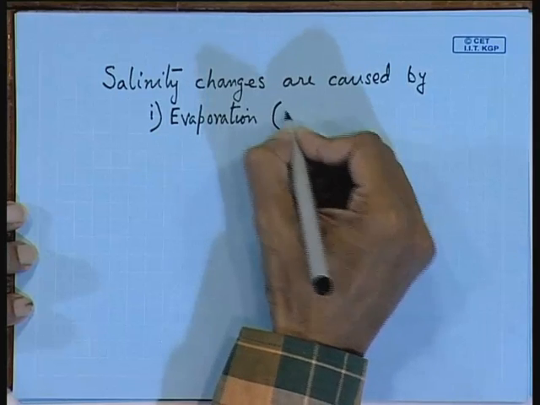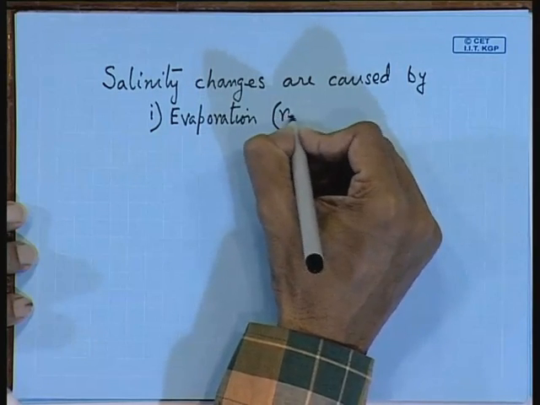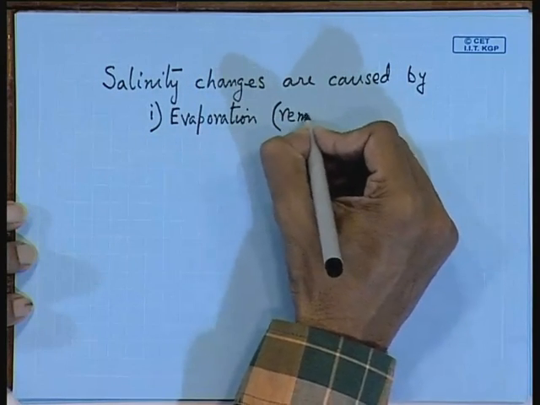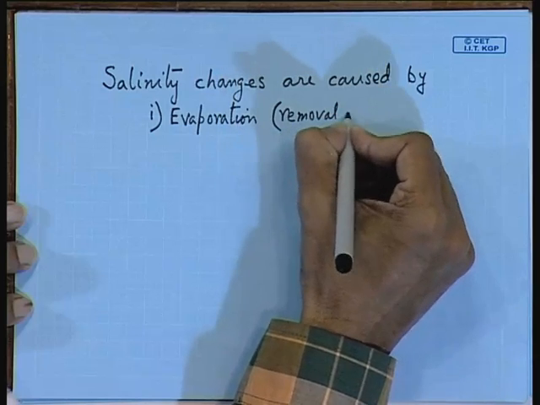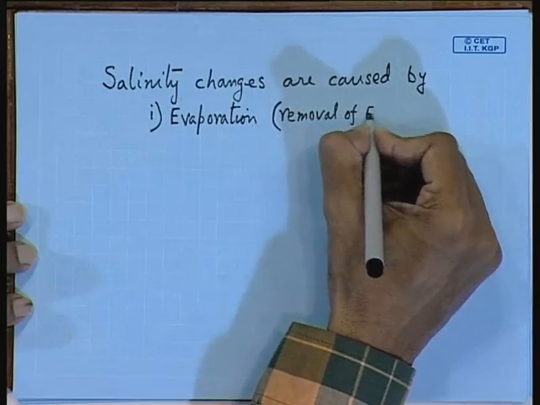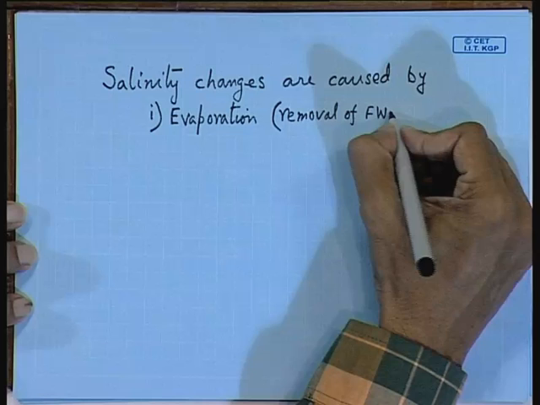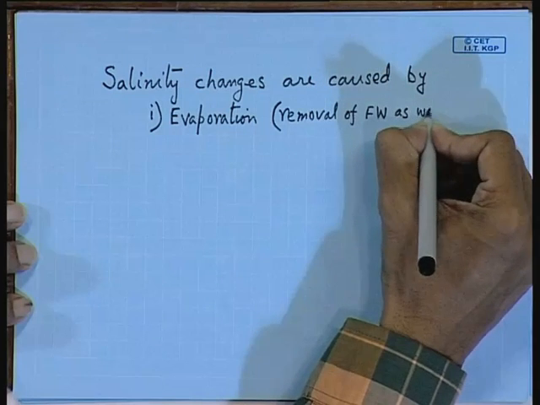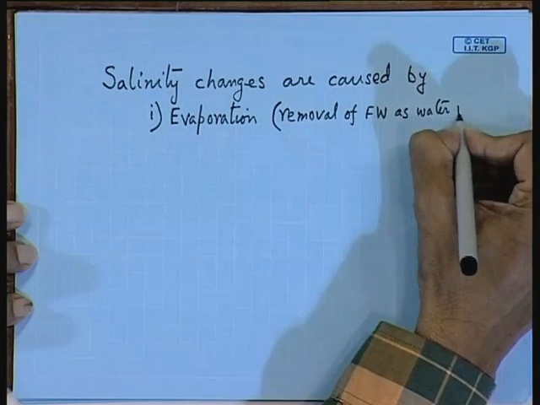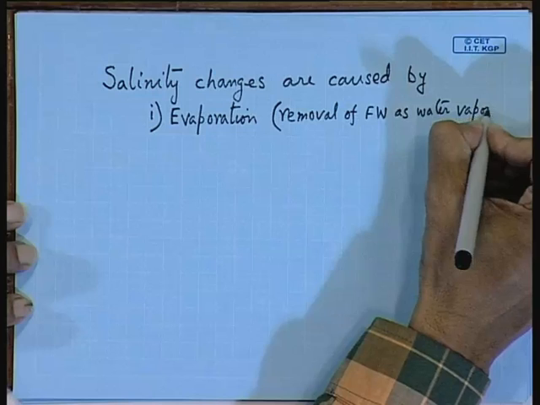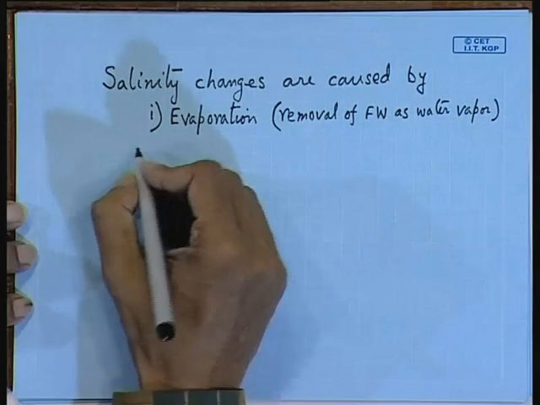So, this is the process of removal of fresh water. In short, I am writing FW as water vapor. What is the other process?